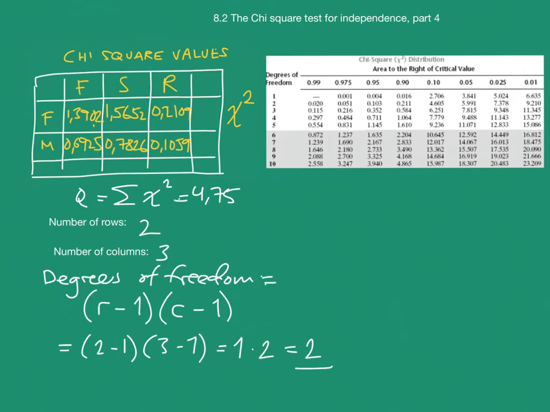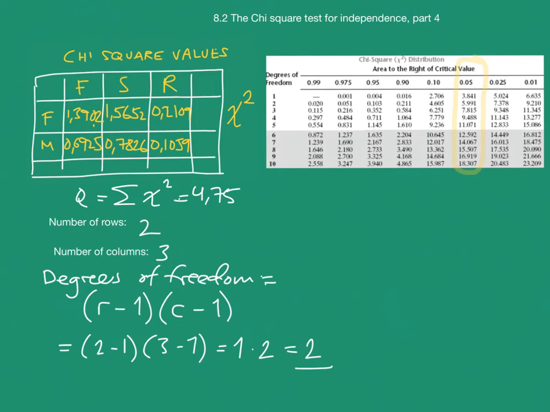So we're going to be concerned with the column that reads 5%, and 5% is the same as 0.05. It means that the critical value that we're looking for is in that column.